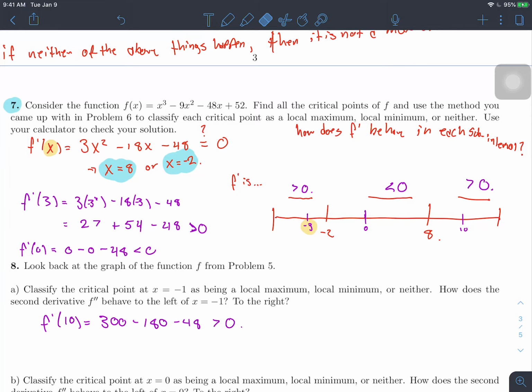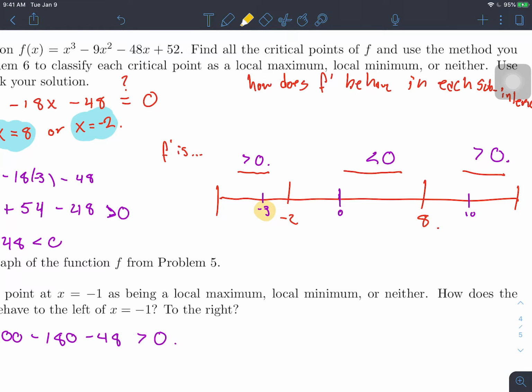Okay? So let's focus on -2 first. We see our derivative to the left of -2 is larger than 0.